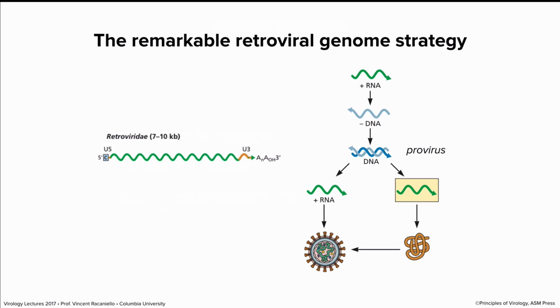The slight difference are the retroviruses, which don't encode an RNA-dependent RNA polymerase, but an RNA-dependent DNA polymerase, right? But they do not encode an enzyme that can make mRNA. So the RNA-dependent RNA polymerases of other RNA viruses can make mRNA, but retroviruses cannot. So they are dependent on the host cell to make their mRNAs.